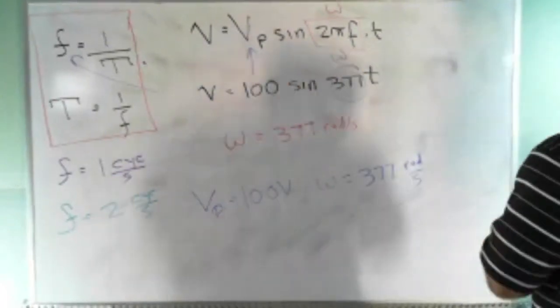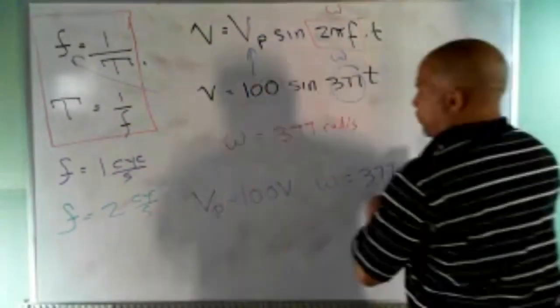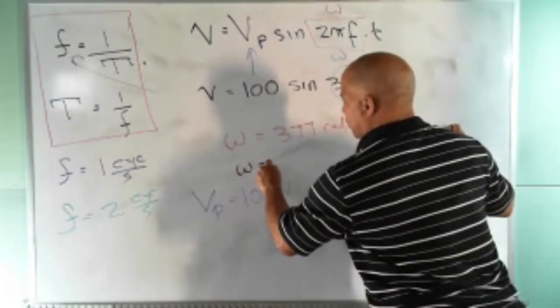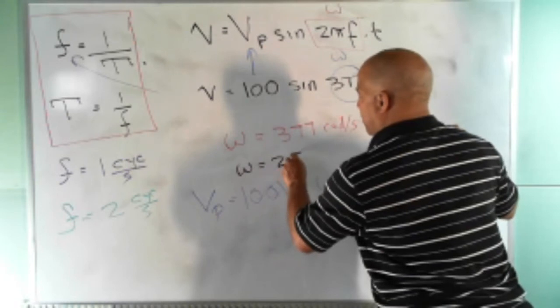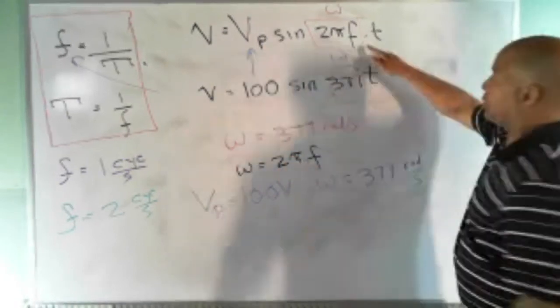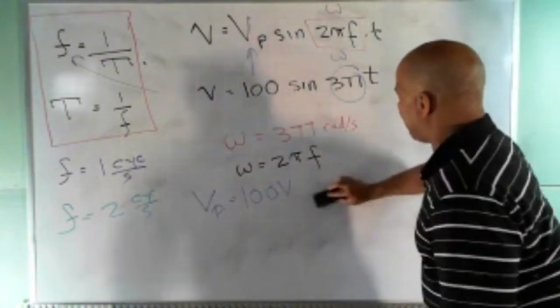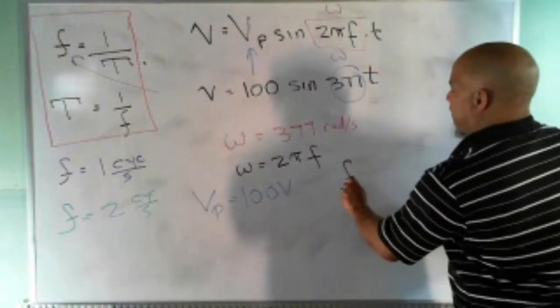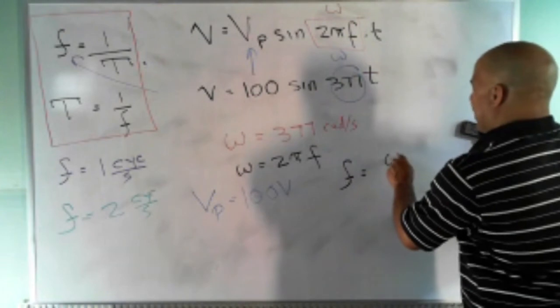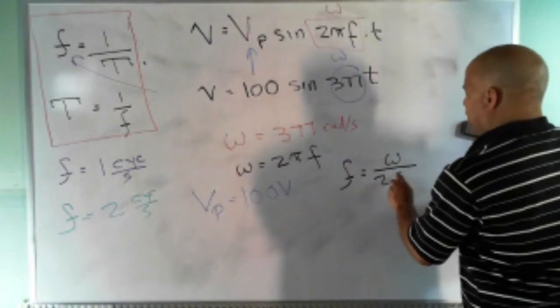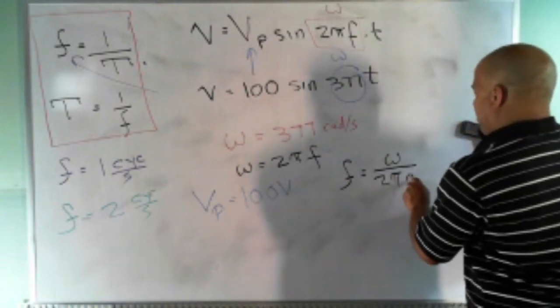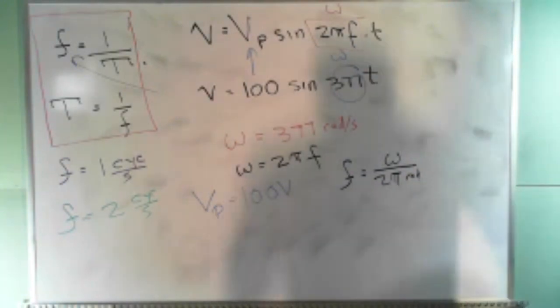But since omega is equal to 2 pi f, that's what we came up with, if I wanted to, I can solve this right here for f. f is going to equal omega divided by 2 pi radians. Right? So let's do that.